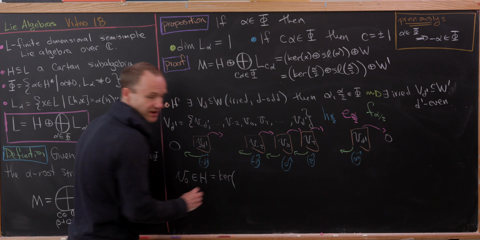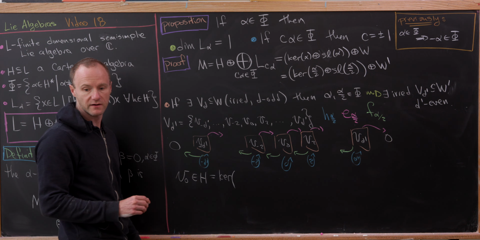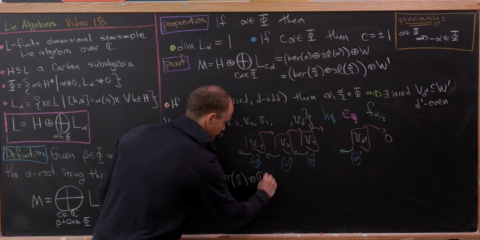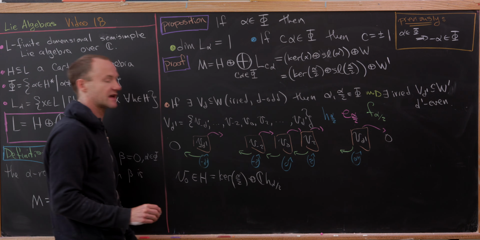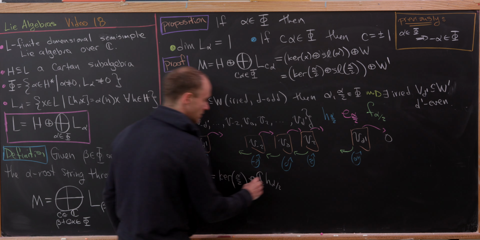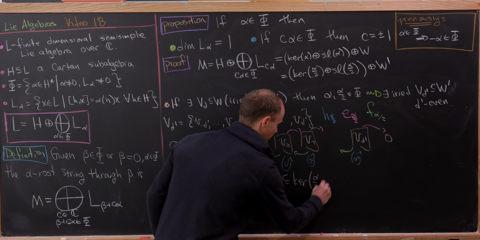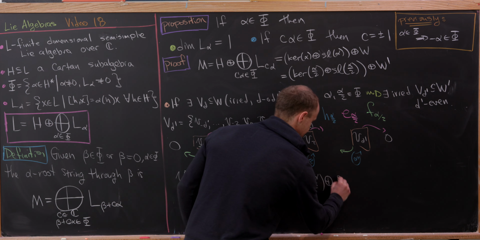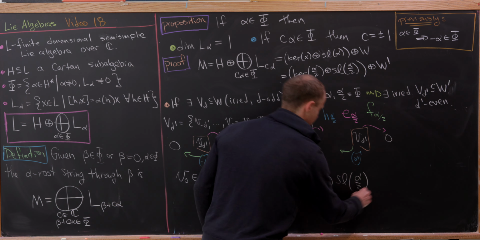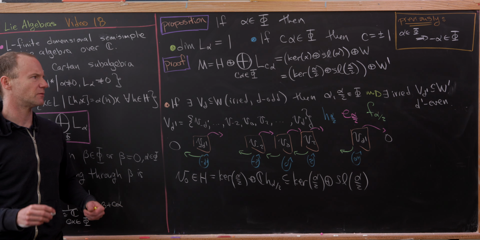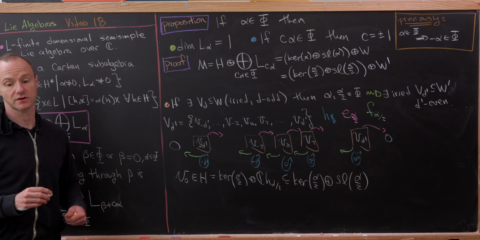So that was as the kernel of alpha over 2 plus this one-dimensional subspace spanned by H alpha over 2. But that's going to be a subspace of the kernel of alpha over 2, and then plus this SL alpha over 2. Okay, and that's by some stuff that we discussed earlier.